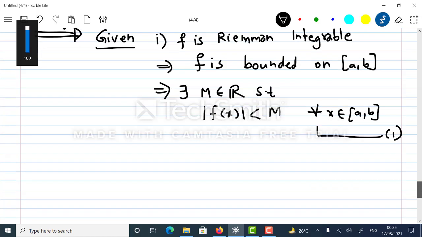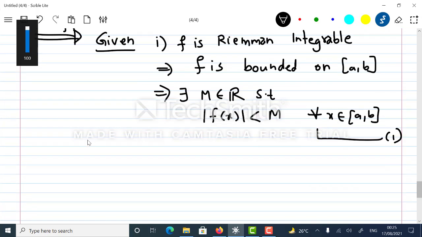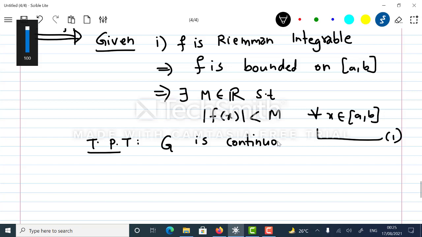Right. So what I wanted to prove is as follows: to prove that g is continuous on closed interval a comma b.